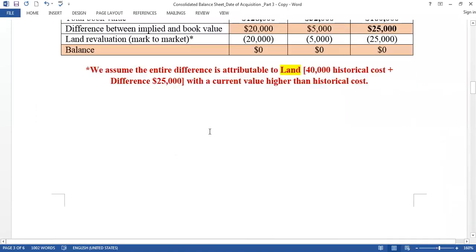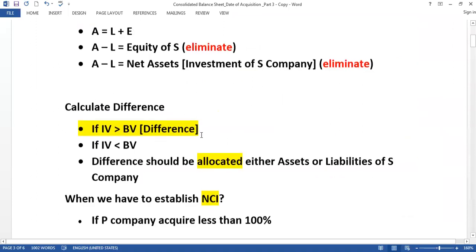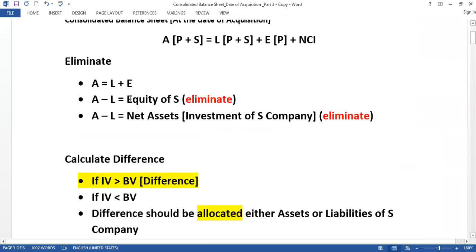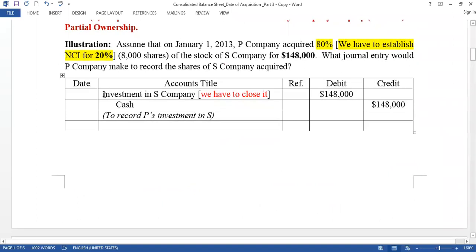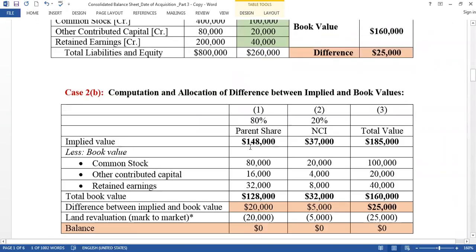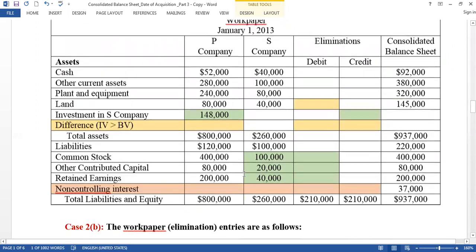I told you from the very beginning today that we have to close the equity of subsidiary account and we have to close the investment in subsidiary account. Now we are going to close it. Before we record, you can see investment in subsidiary debit $148,000. To close it, make it credit.